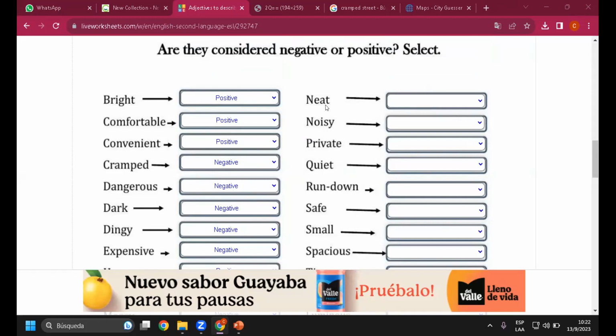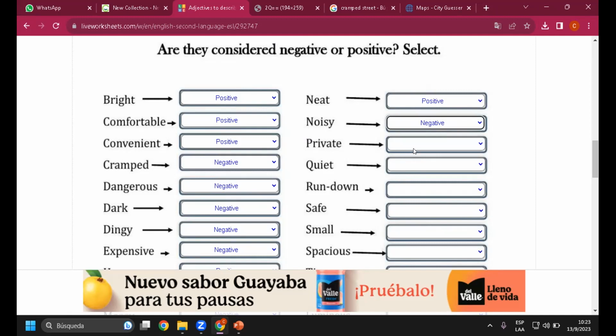So neat is positive or negative? Positive. Totally. Excellent. Noisy. What is the meaning of noisy? A lot of sounds. Exactly. Very loud sounds. Is that positive or negative? Negative.